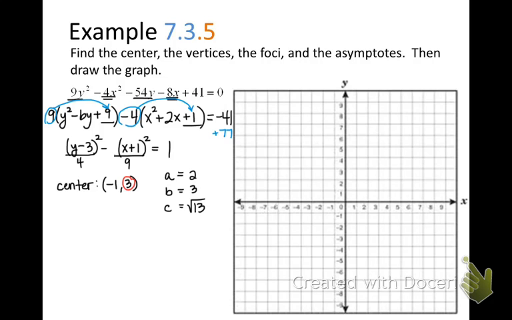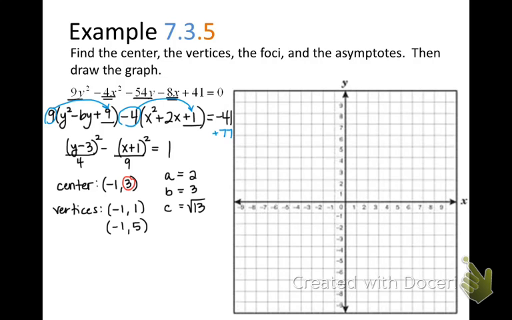So, based on that, where are, well, let's not do foci, let's do vertices first. You are adding and subtracting 2 from that 3, right? So when I subtract 2, I get -1, 1. And when I add 2, I get -1, 5.